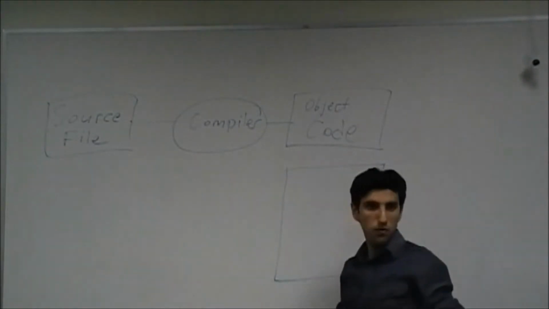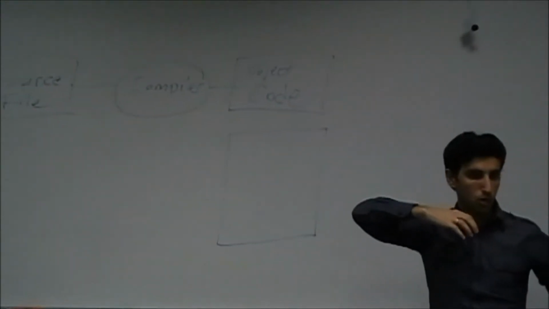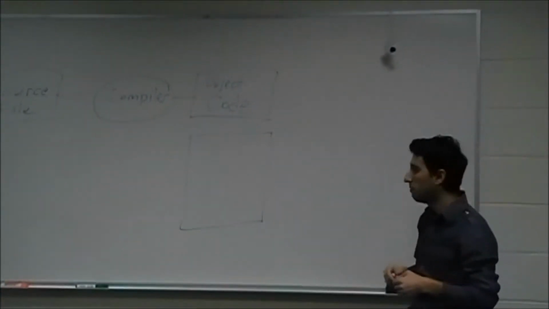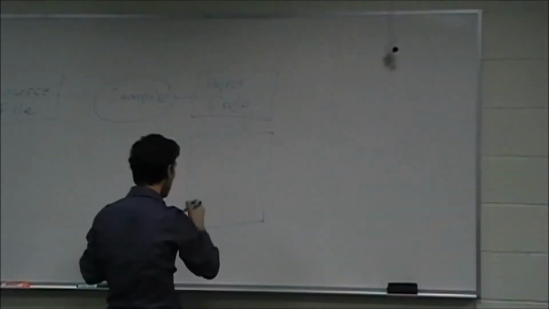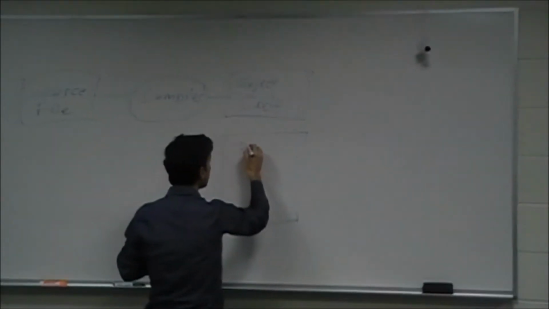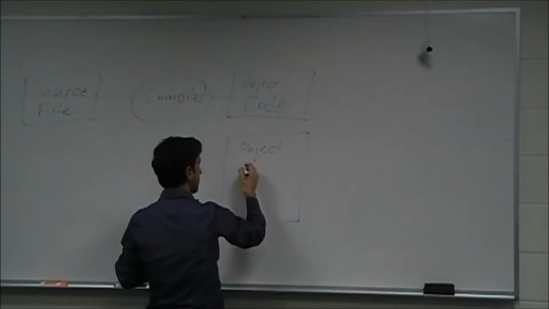And as you know from projects that you have done in your CS classes, sometimes when we write programs, on top we include libraries, right? We include libraries so that we can make use of already-made functions. So there are other object codes available to us.